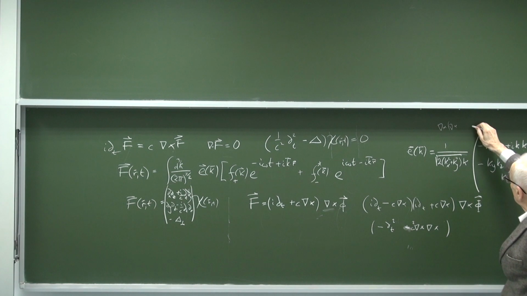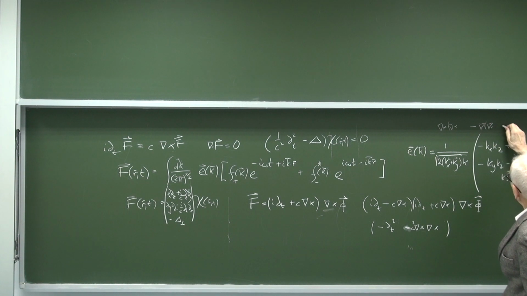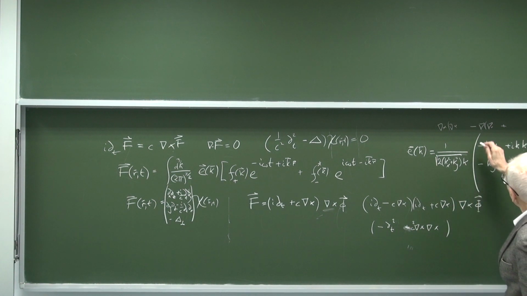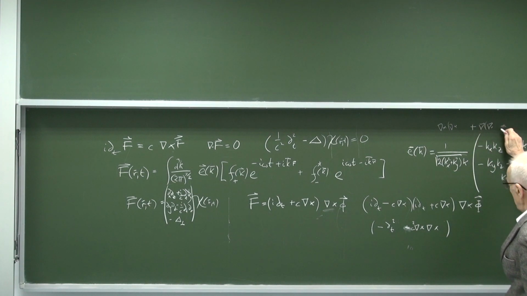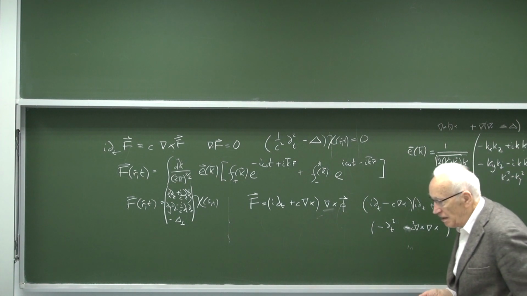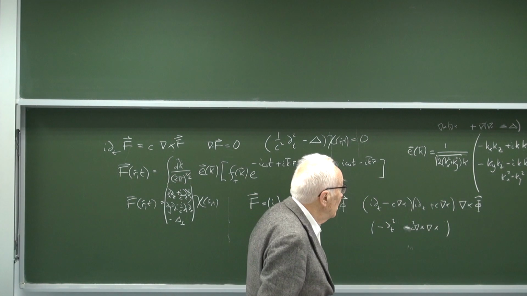Then this is equal minus gradient of the divergence plus, no, the other way around. I have a minus here, yes. So we have plus gradient of the divergence minus the Laplacian. This is the straightforward application of the rules for vector products.